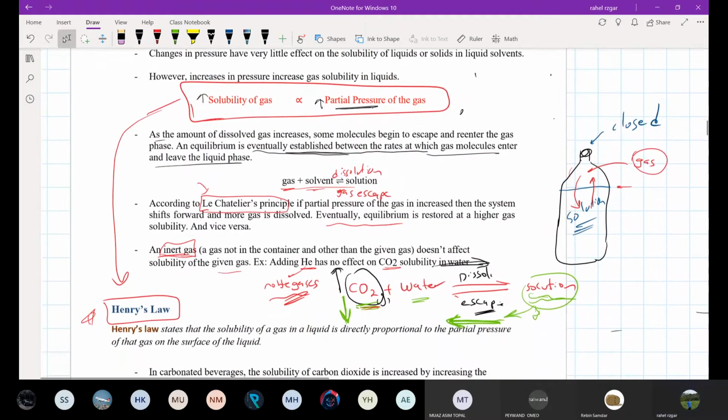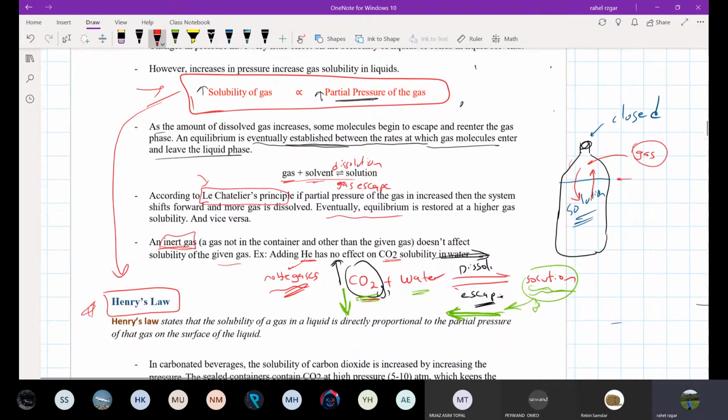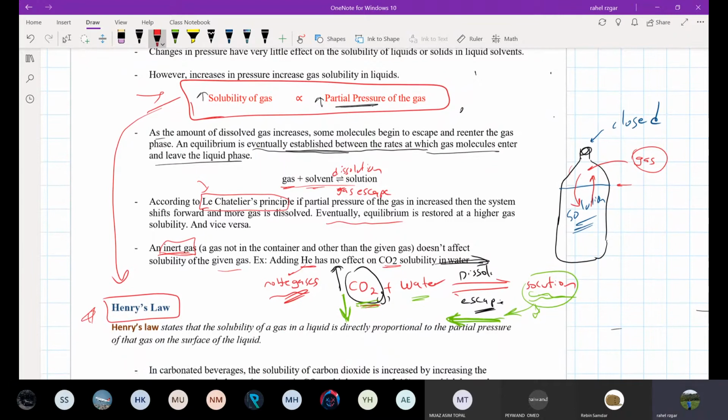Look at this explanation and the definition of Henry's law. Henry's law states that the solubility of a gas in a liquid is directly proportional to the partial pressure of that gas on the surface of that liquid. So this explanation and Henry's law are the same thing. They have the same definition.